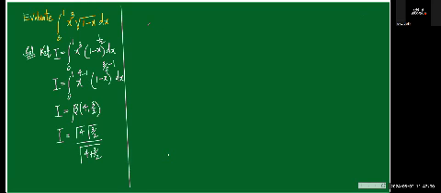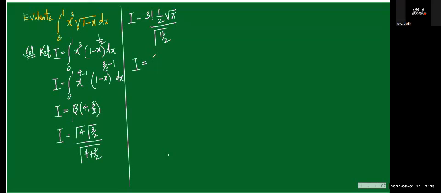Now next, I is equals to, so what is the gamma 4 value? Can we write 3 factorial? And gamma 3 by 2, I told you the logic, 1 by 2 into root pi. And this is gamma 11 by 2. So I told you the logic to remember to simplify gamma 11 by 2.